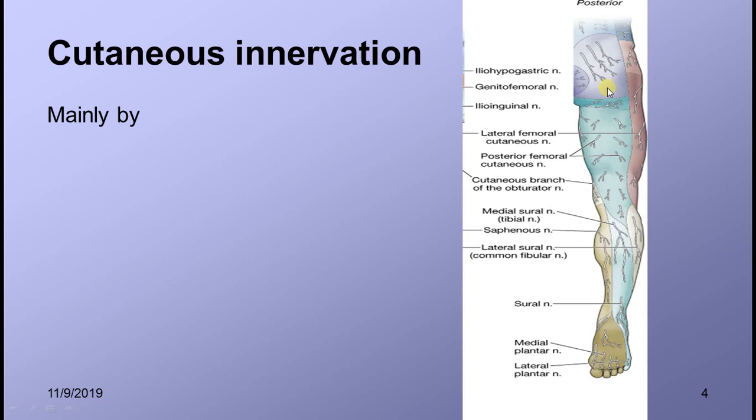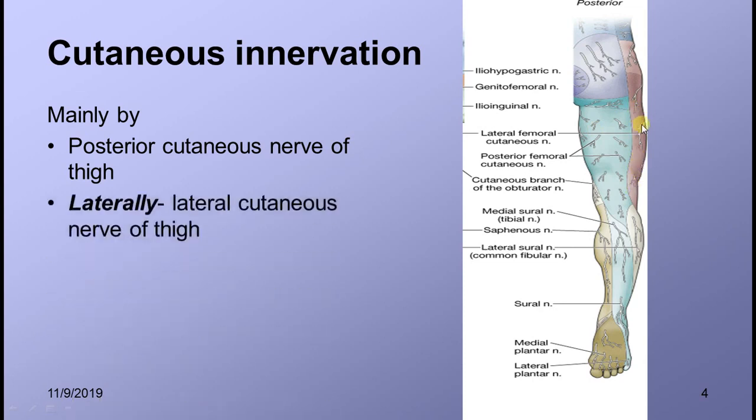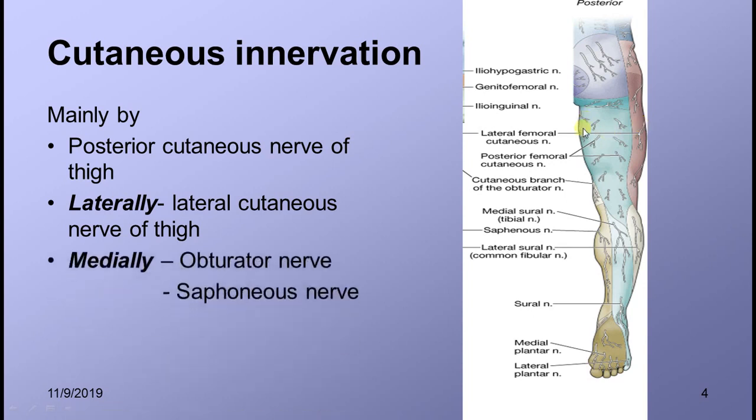Now coming to the cutaneous innervation of the back of thigh, it is mainly by the posterior cutaneous or posterior femoral cutaneous nerve. Then the lateral part is supplied by the lateral cutaneous nerve of the thigh. Medially it is by the obturator nerve and the lower part is by the saphenous nerve.